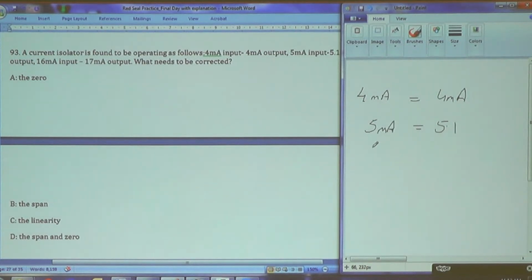And then we have 16 milliampere is equal to 17 milliampere. Now, if this was to be linear, only a problem of span, what would I have here? 4 milliampere, 5 milliampere is equal to 5.1, 16 milliampere in that case would have been 16 plus 1.6 is equal to 17.6 milliampere. This would be a span issue.